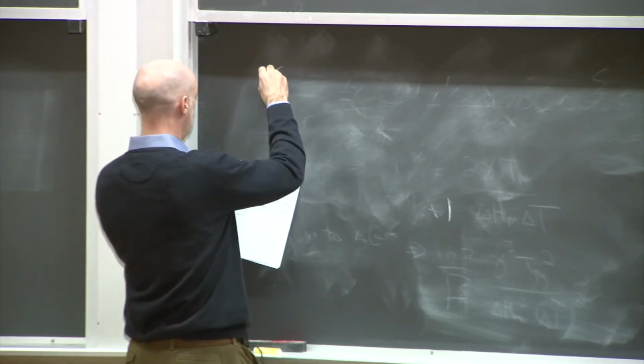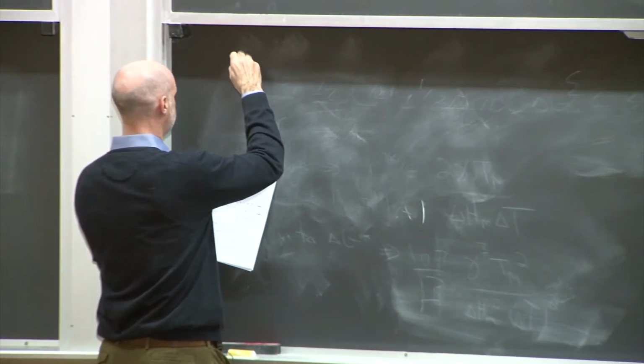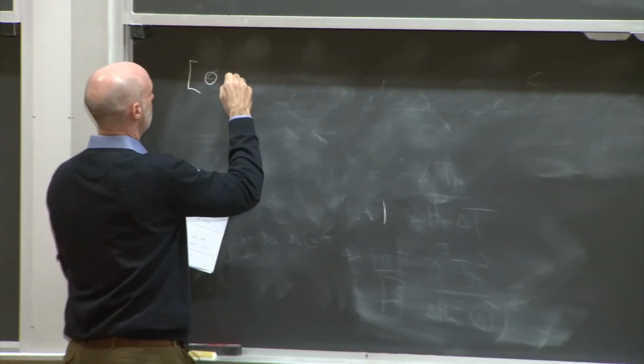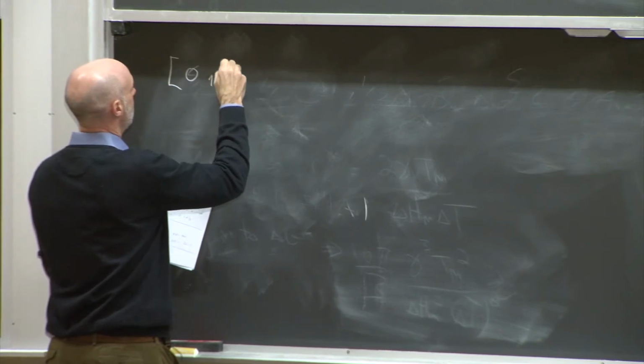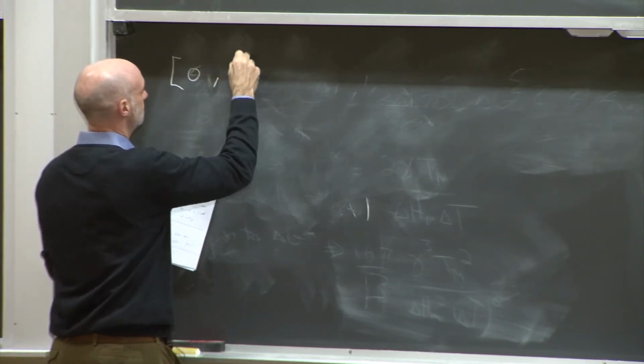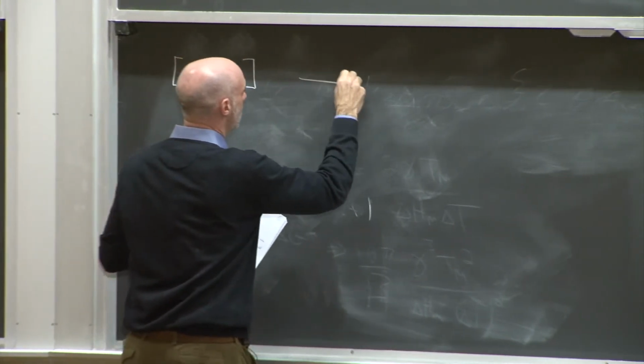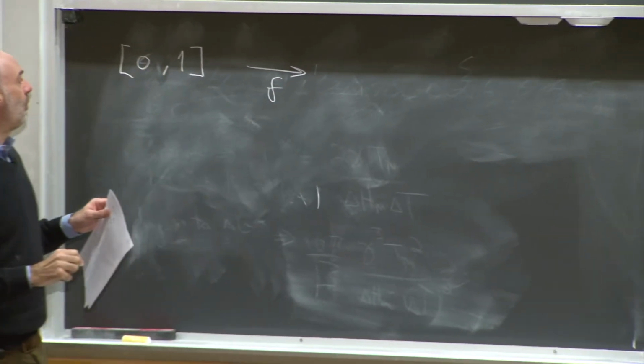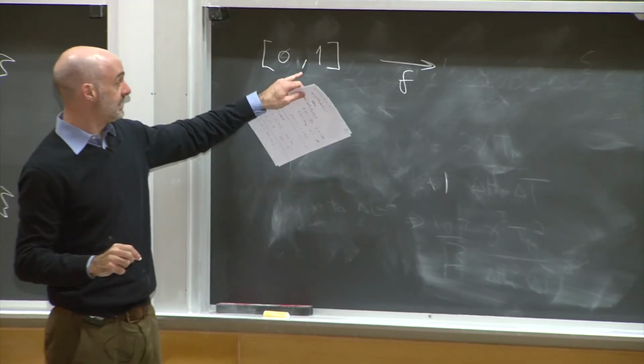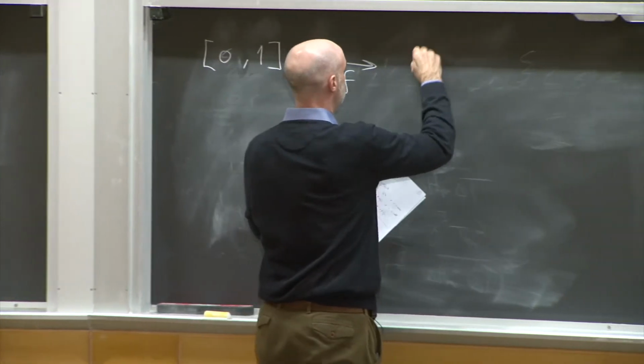So what we're going to show is that there's a 1-1 correspondence F that takes us from that set to this set.